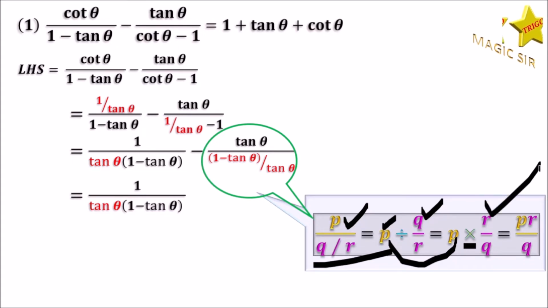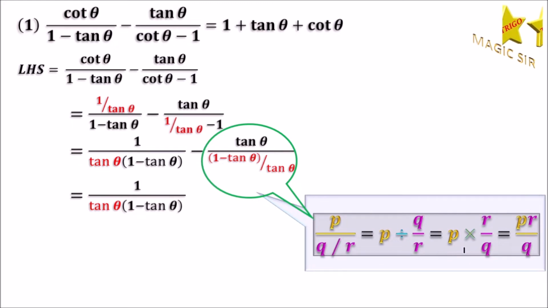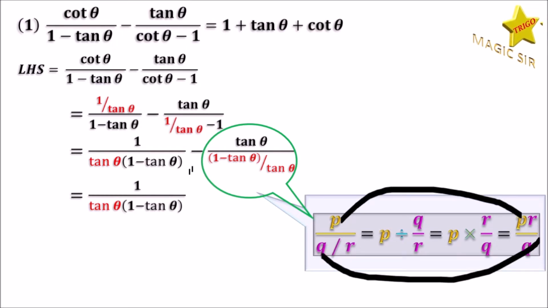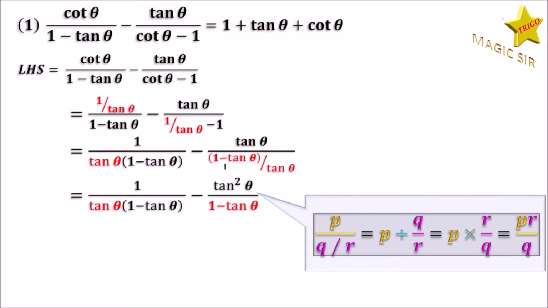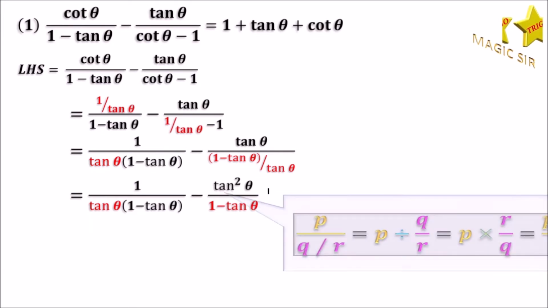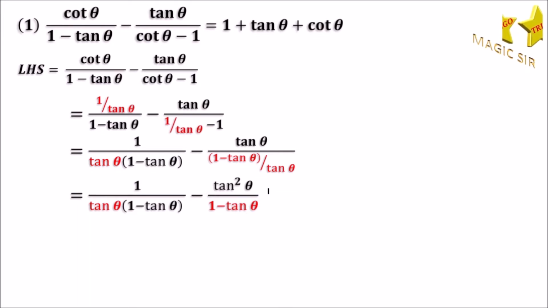It is equal to p times r upon q, is equal to pr upon q. So we can write p divided by q upon r is equal to pr divided by q. So the second fraction is tan theta into tan theta upon 1 minus tan theta, is equal to tan square theta upon 1 minus tan theta.